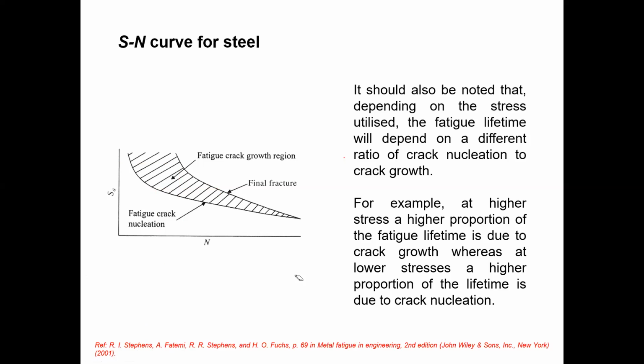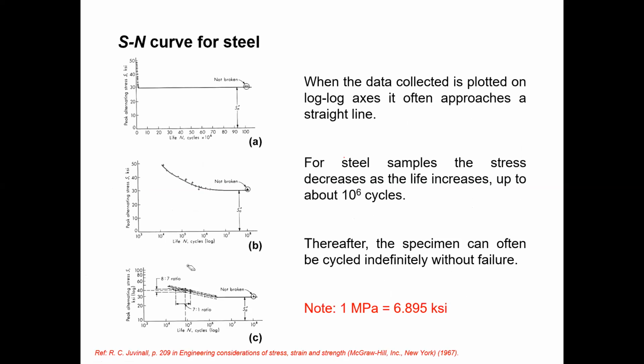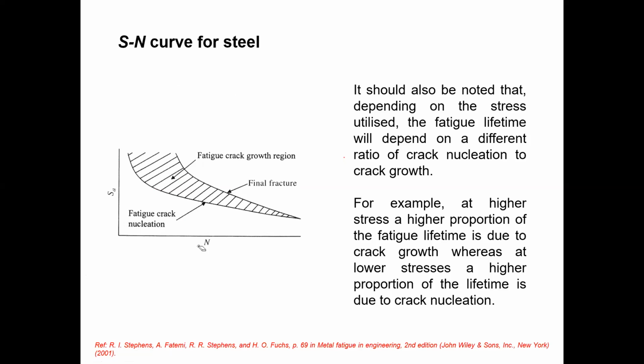In the S-N curve, the number of cycles for steel goes from 0 to 10 to the power 6. But you can't plot the diagram with N on a simple x-axis, because the drop happens over a large number of cycles.